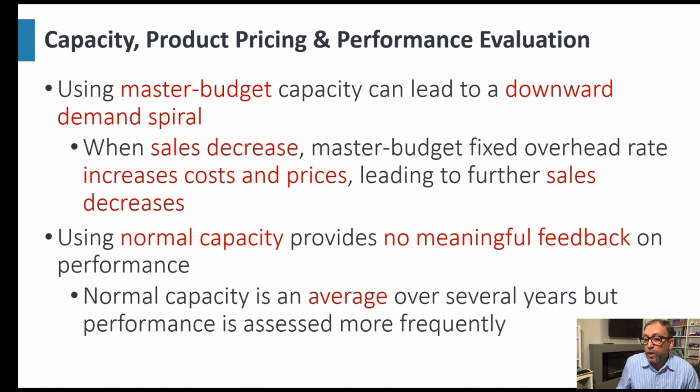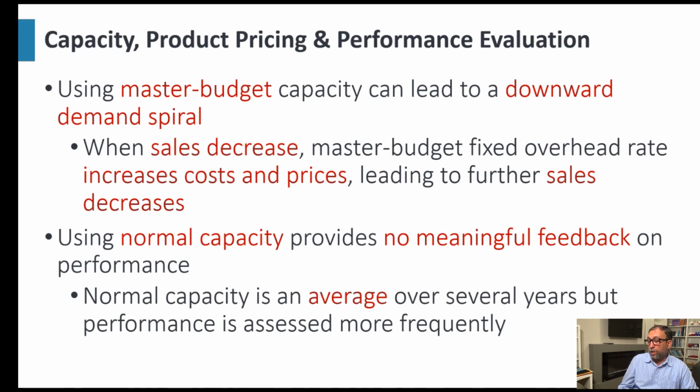Capacity, product pricing, and performance evaluation. Now, why are we relating this to performance evaluation? Because managers get bonuses and all these things based on the profit they are generating, or their department is generating. Using master budget capacity can lead to a downward demand spiral. When sales decrease, the master budget fixed overhead rate increases cost and price, leading to a further sales decrease.